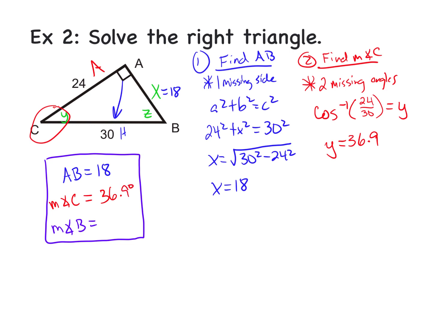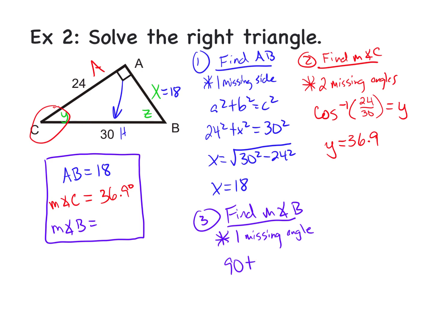All right, and the last one. Find the measure of angle B. I have how many missing angles now? One. So this is the easiest one. We're just going to add the two we know, 90, plus how much?